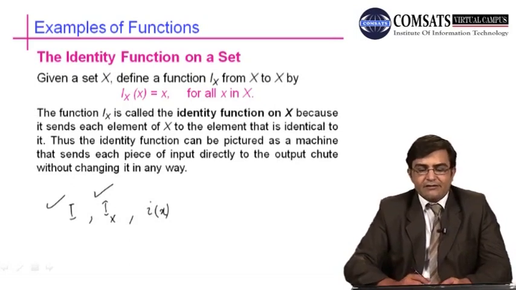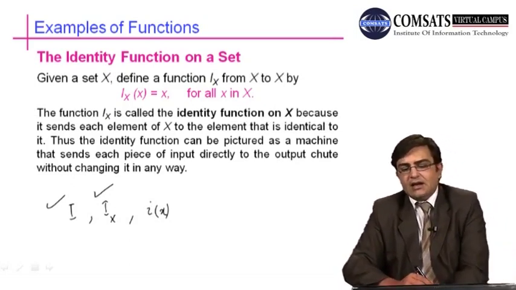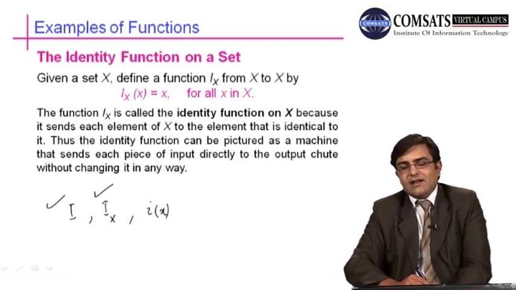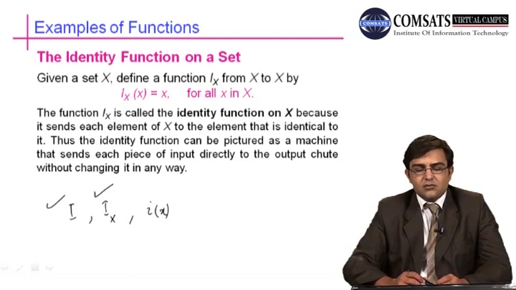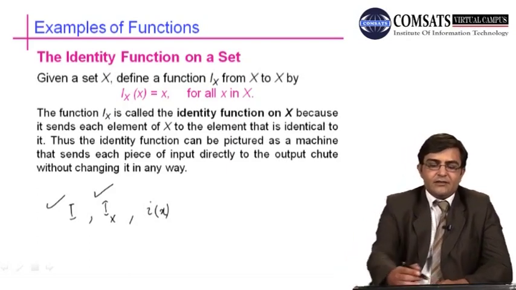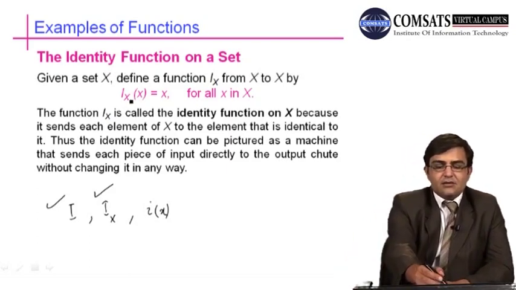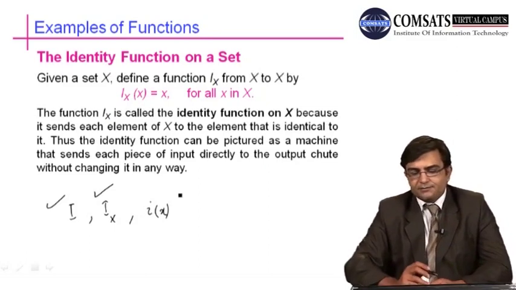Given a set X, define a function I_X from X to X. Identity function is always defined on a single set, from the set X to the same set X. And how do we define it? I_X of x is equal to x.